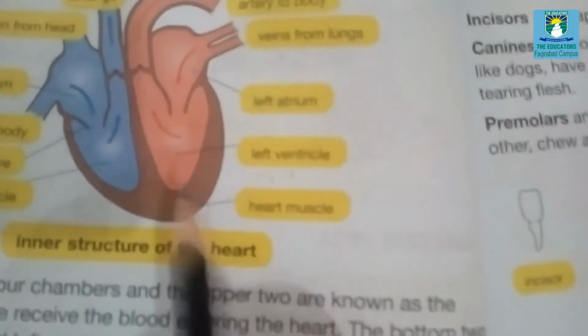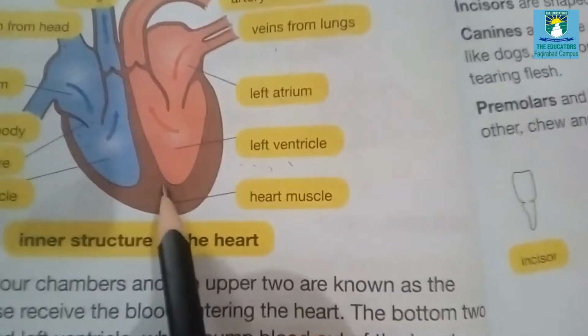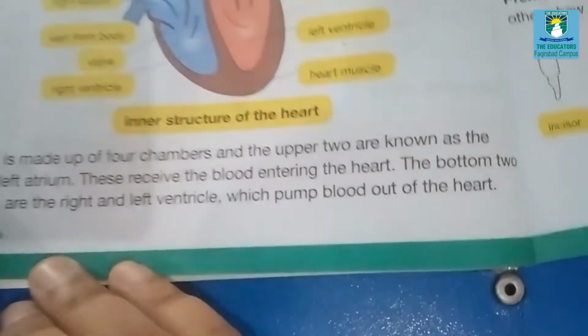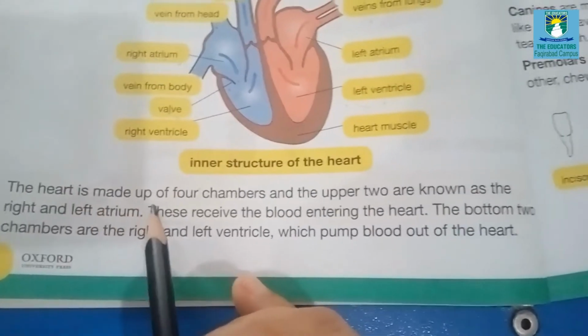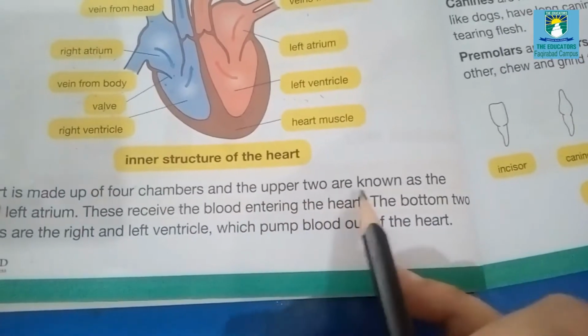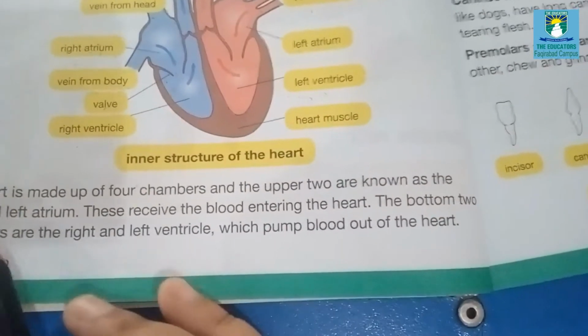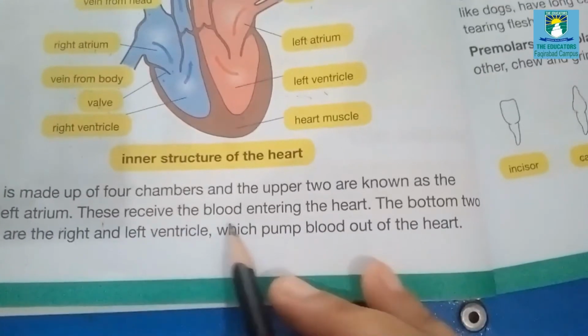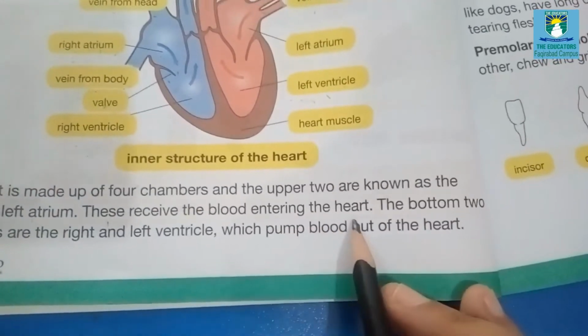As you know, the heart is made up of strong muscles. The heart is made up of 4 chambers and the upper 2 are known as the right and left atrium. These receive the blood entering the heart.